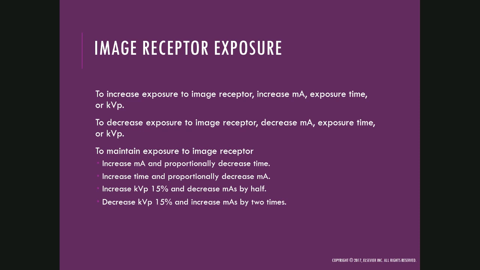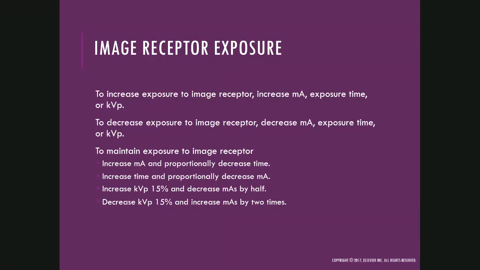Sorry about that. But on the other side of that coin, if Karan goes up and does a portable exam and he has a good exposure index number, and everything is good, but we're going to repeat the exam later and we want to decrease patient dose.